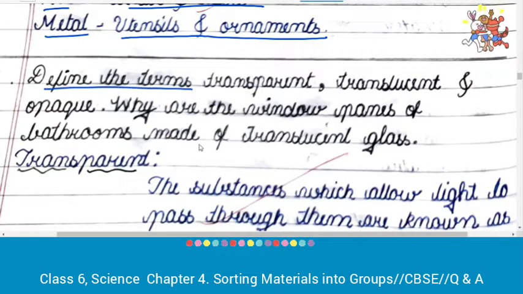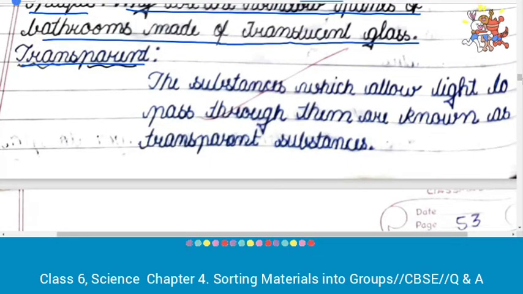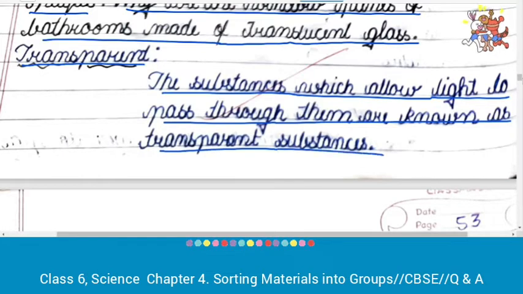Define the terms transparent, translucent and opaque. Why are the window panes of bathrooms made up of translucent glass? First, transparent objects: the substances which allow light to pass through them are known as transparent substances.